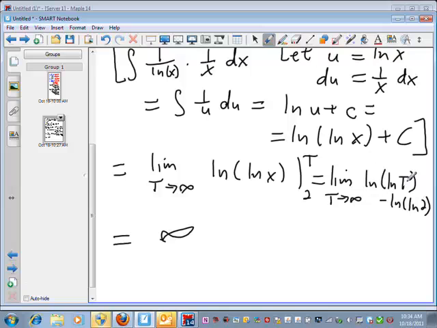We need to know that the natural log tends to infinity as t tends to infinity, so the natural log of that will also tend to infinity. So this is infinite, and this is finite. The whole thing's infinite. So you would say this diverges? Absolutely. This diverges.